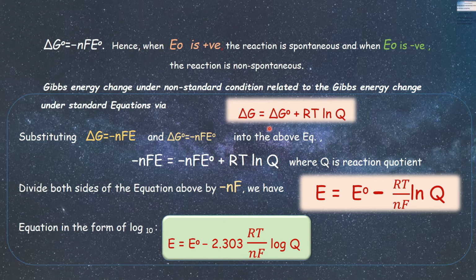Delta G is equal to delta G0 plus RT ln Q. Now on substitution of the equation that we have already seen, delta G is equal to minus nFE, and dividing the equation by minus nF on both sides, our equation reduces to E is equal to E0 minus RT/nF ln Q, where ln is the natural logarithm.